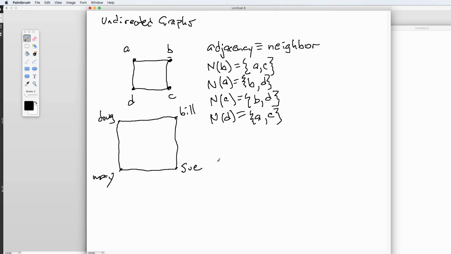To somebody studying graph theory, these two graphs are exactly the same thing. And the reason why they're the same thing, well, first of all, we can see they look the same. The fact that these edges are longer, that means nothing to somebody studying graphs.